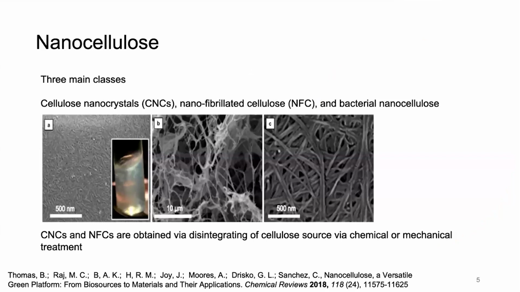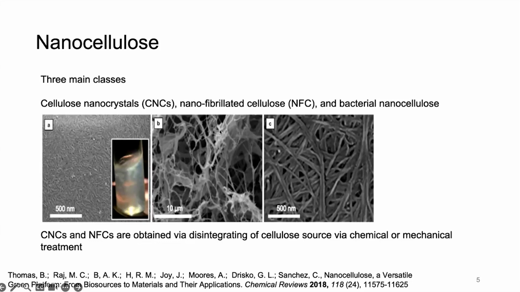Nanocellulose has three main classes. The first one is cellulose nanocrystals, then fibrillated cellulose, and then bacterial nanocellulose. You can see nanocrystals are rod-shaped crystals.